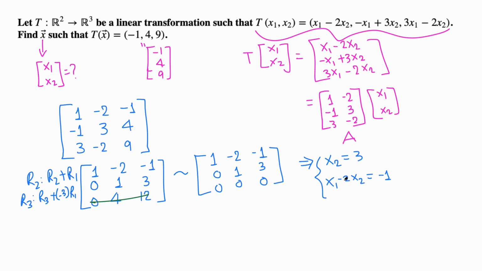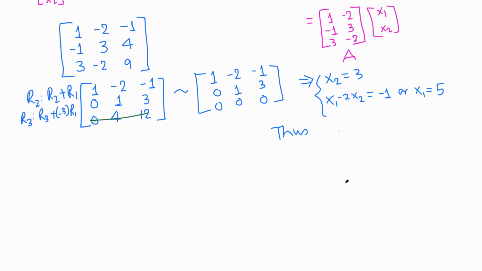So negative 2 times 3 is negative 6. So add 6 to both sides: negative 1 plus 6 is 5. Thus, the x we are looking for is x1, x2, which is 5, 3. And we have a unique answer.